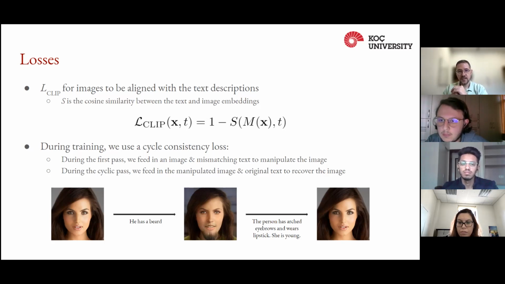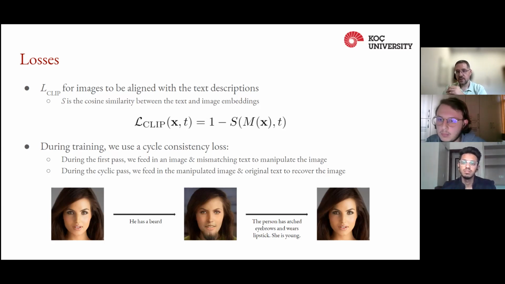However, that CLIP loss does not look that much at the original input image. So with this cyclic consistency, we want to see if we take one image and change it according to a description, can we go back to the original image using the original description? So that's only for improving the robustness of the method.